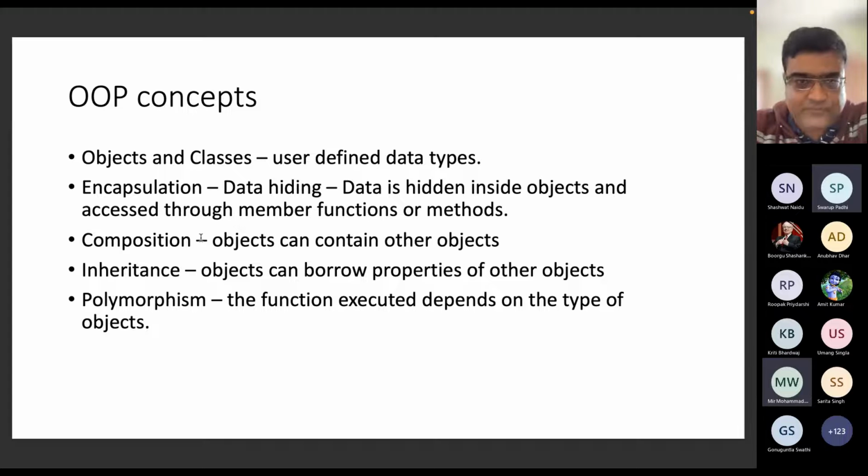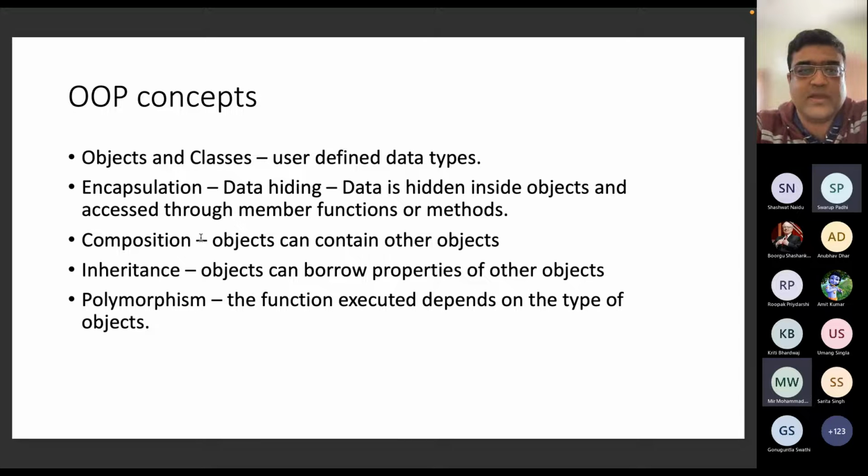So the first thing is objects and classes. Classes are basically types of objects which are defined by the user. Almost every object-oriented programming language provides support for these concepts.